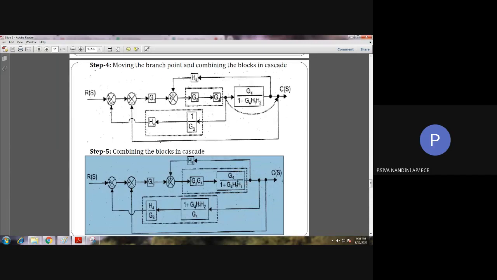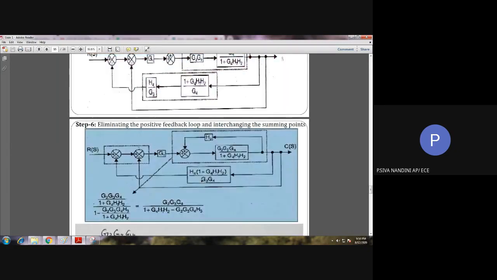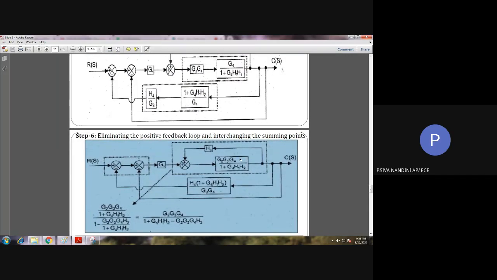Before obtaining the positive feedback, we have two blocks in cascade. So we multiply the series blocks and then apply positive feedback, and in the feedback path also we have a series combination, so we combine those too. After solving that positive feedback, we have an equation like this.